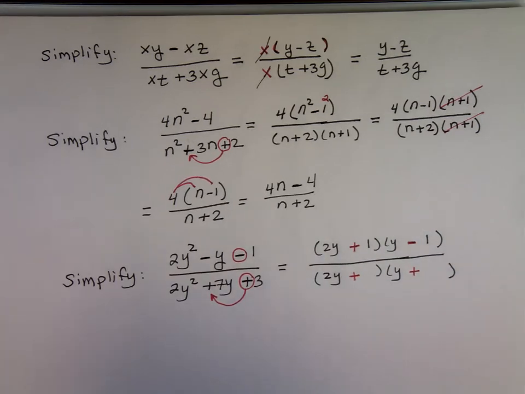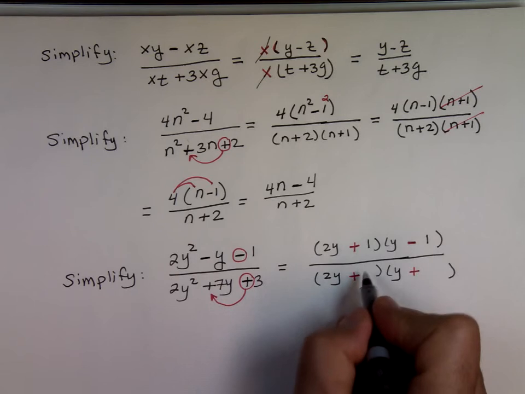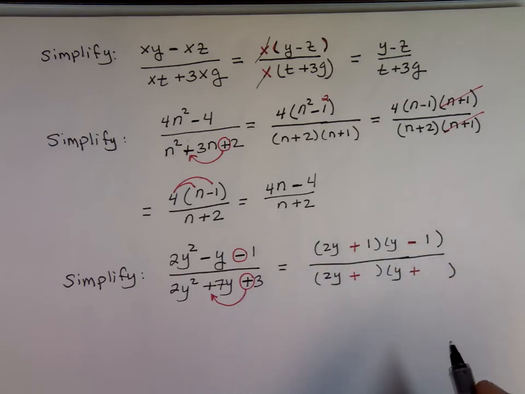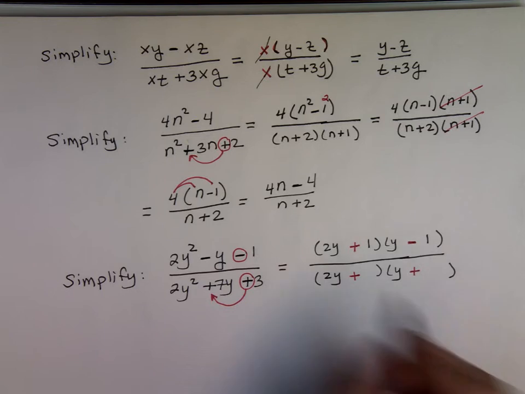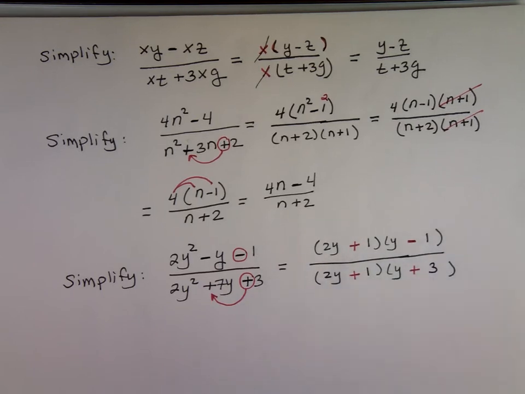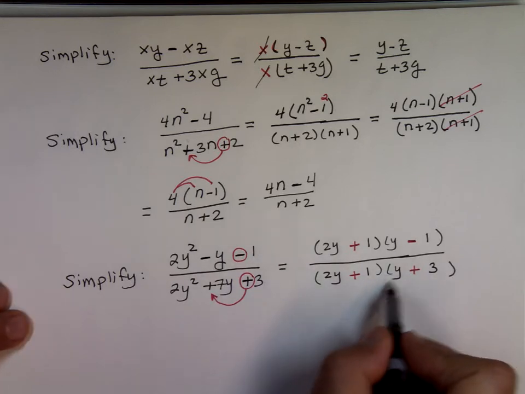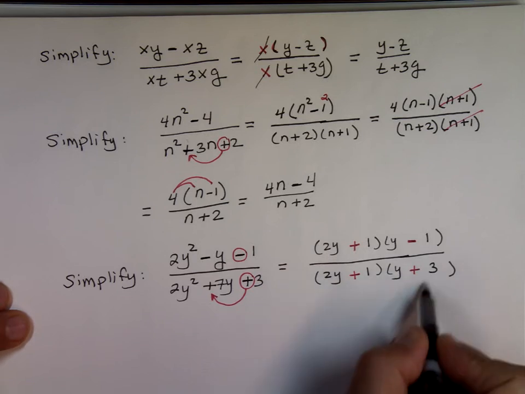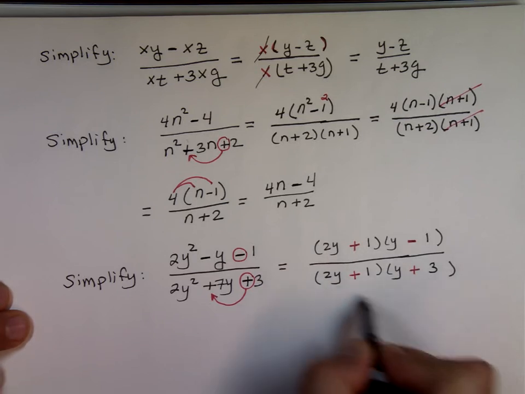If I put a 3 here and the 1 there, nothing is going to cancel. So let me try put the 1 here and the 3 there. And let's see if we have the correct one. What is 1 times y? 1y. What's 3 times 2y? 6y. So what's 6y plus 1y? That's a 7y, and that's correct.